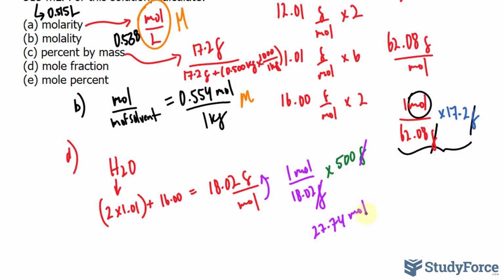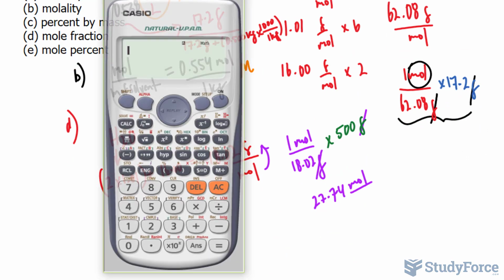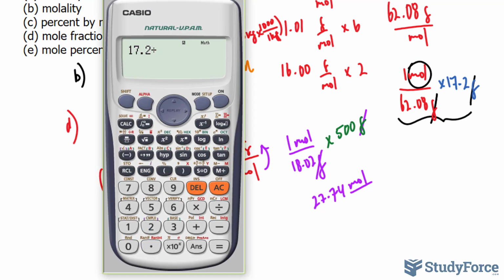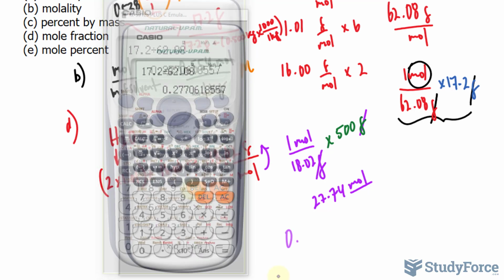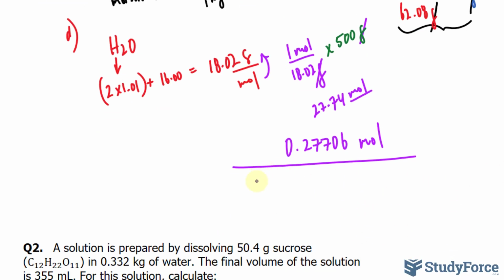27.74 moles. Once you've found the moles, you then divide the amount of ethylene glycol in moles from part A by the total number of moles. So using what we found in part A, we'll have to recalculate that. So we have 17.2 divided by 62.08, 0.2770 moles, divided by the same number plus this.